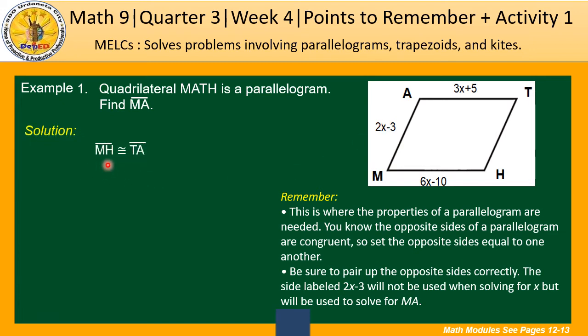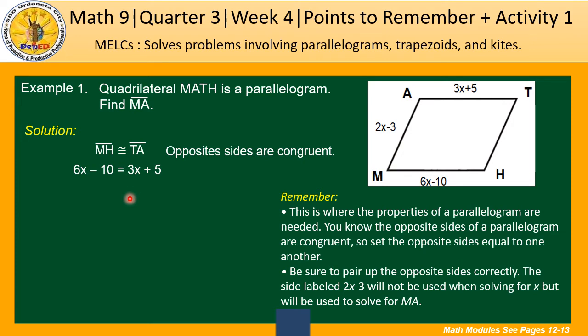Side MH is congruent to side TA. Reason: opposite sides are congruent. Let us substitute 6x minus 10, that is MH, equals 3x plus 5, that is TA.